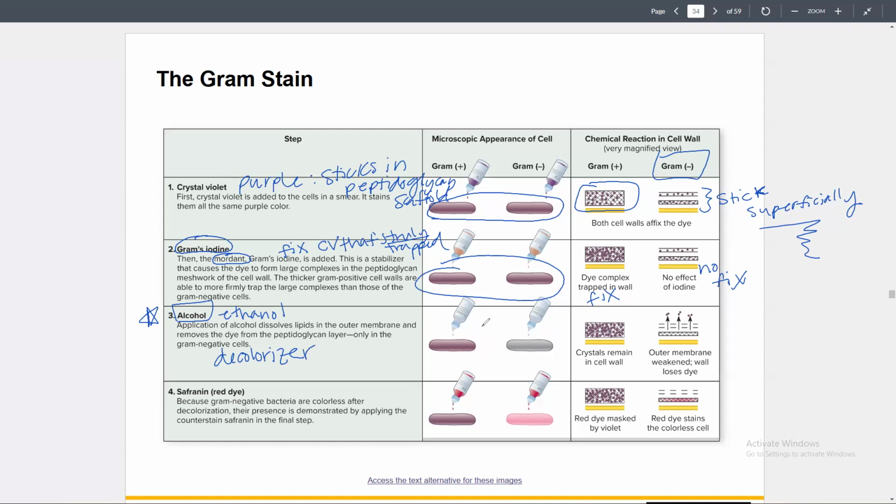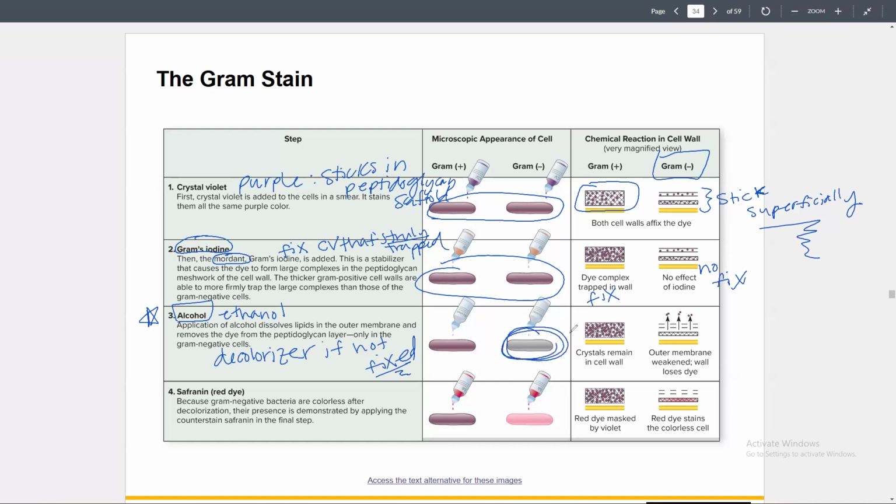Because if I were to ask you, okay, you sent your sample to the lab, they did a gram stain, but they forgot the alcohol step. Uh-oh. And they're telling you it's gram positive. Is that a reliable result? No, right. So ethanol will decolorize it if it isn't fixed.